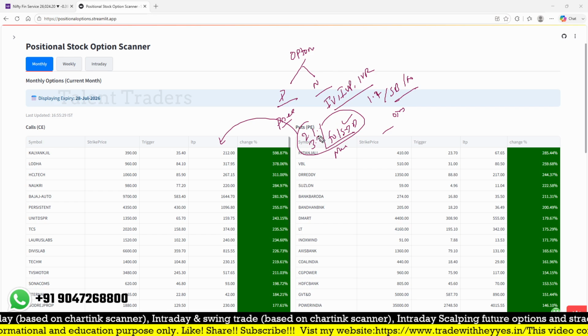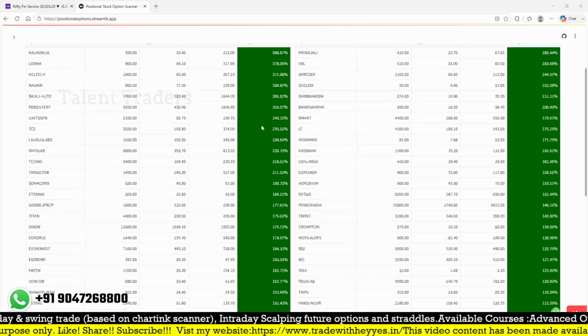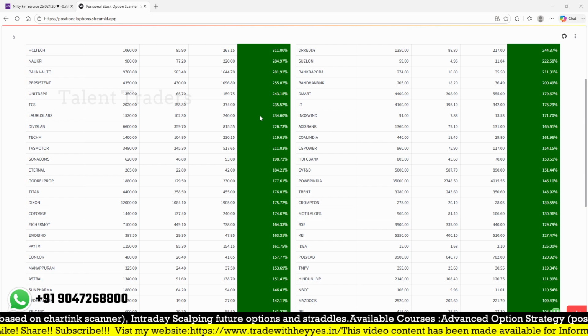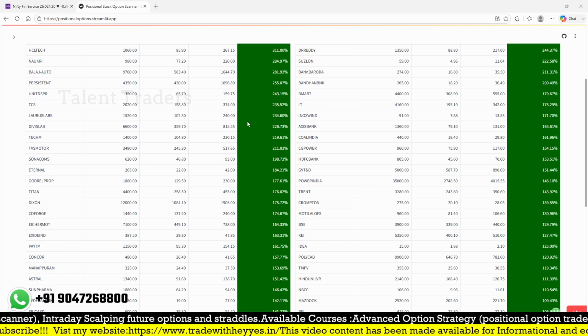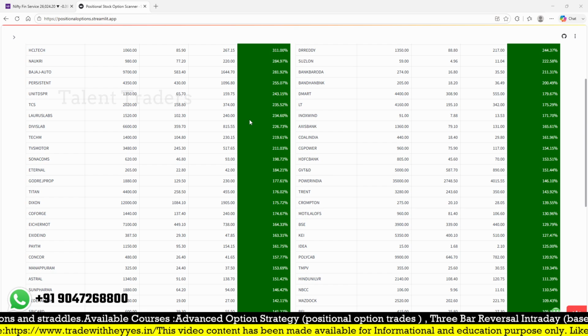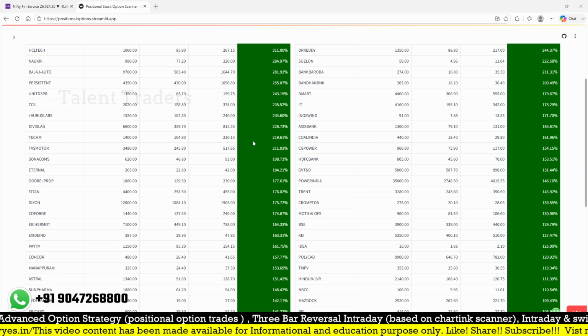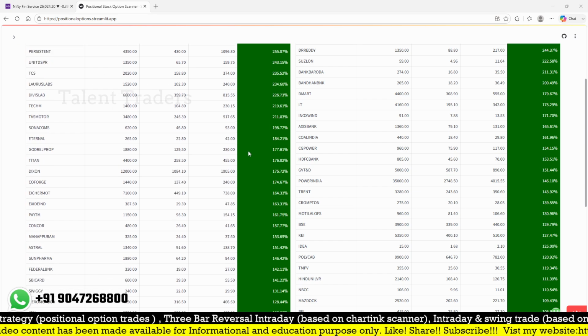For example, this month we have July, because today is an expiry. Tomorrow this contract data is not available in our scanner because it is a live scanner, and the monthly scanner is still available for one month, and the next contract starts tomorrow.